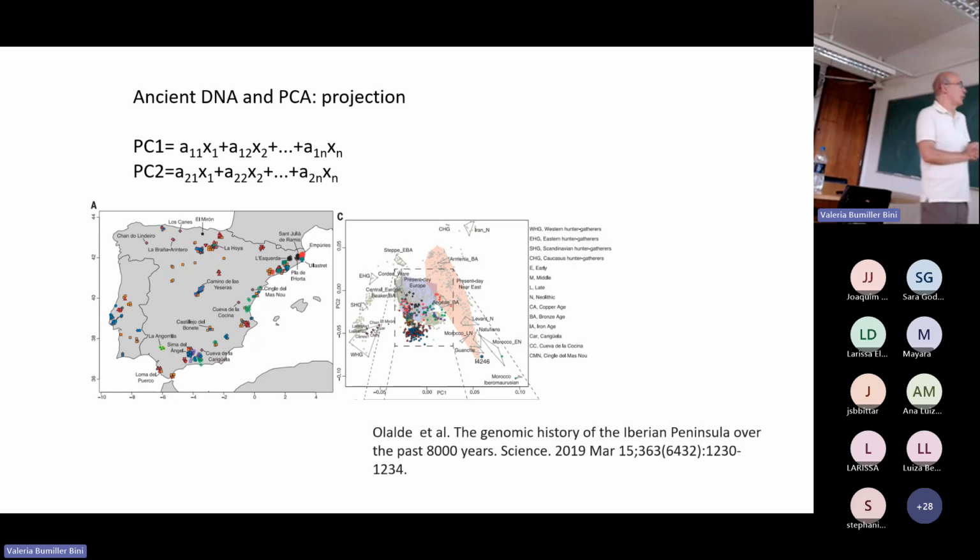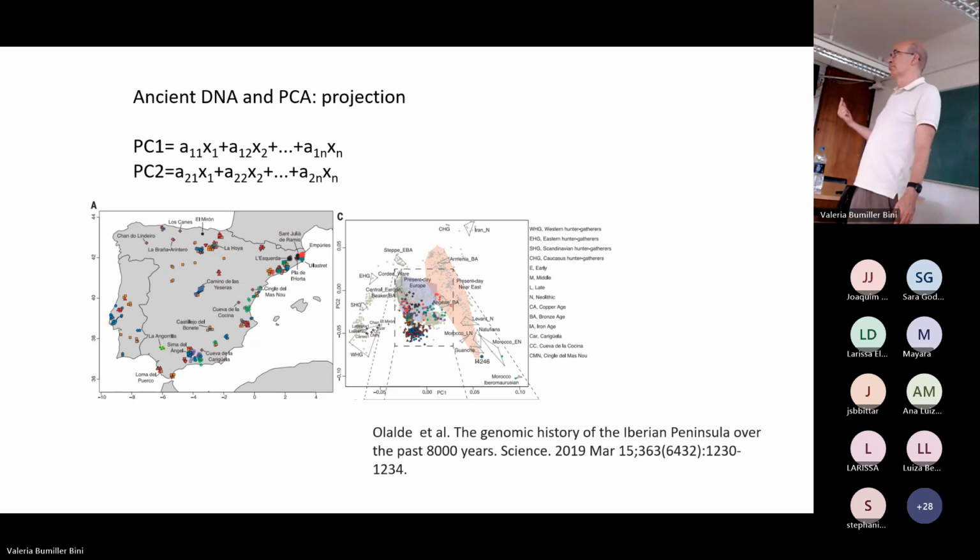So what you do here, this is quite common practice in ancient DNA analysis, is that you have modern samples with really few missing values.